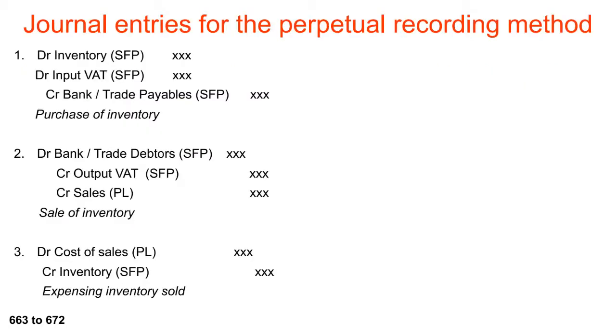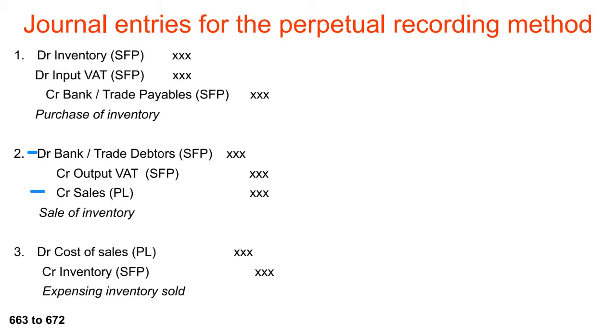Whereas the perpetual inventory system is a lot more accurate, right? In the perpetual inventory system, all purchases that we make would go directly into the inventory account, and then if there is a situation where we sell something, we would obviously do the revenue transaction here, which is something that we would have done in the previous lectures. But then this is the one we need to focus on.